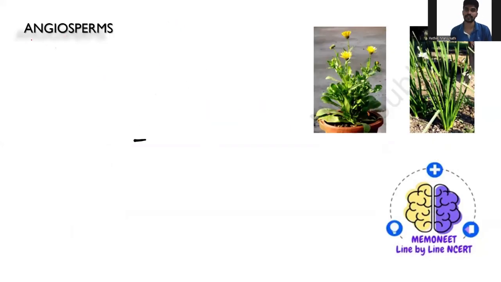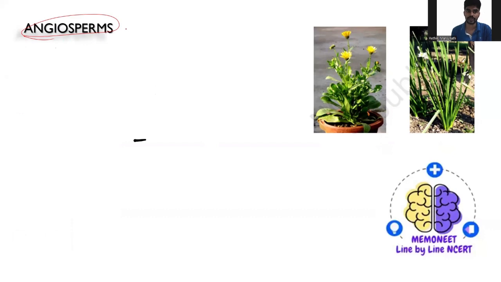The last one in the plant kingdom is angiosperms. If you compare gymnosperms with angiosperms, in gymnosperms the ovules are naked, but in angiosperms they are not naked.